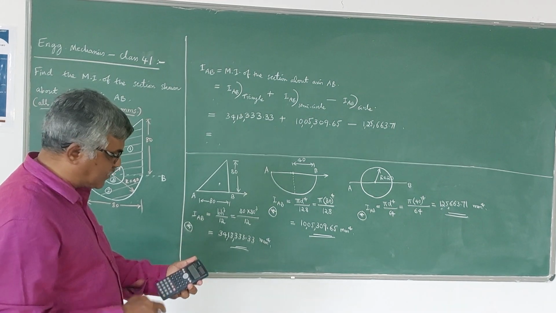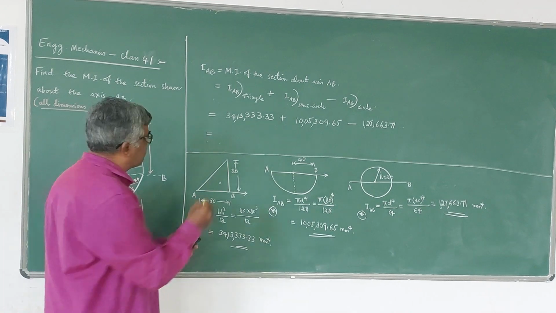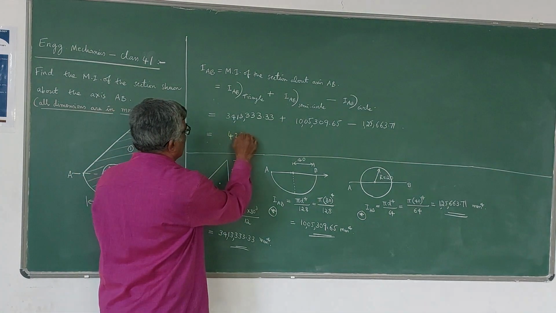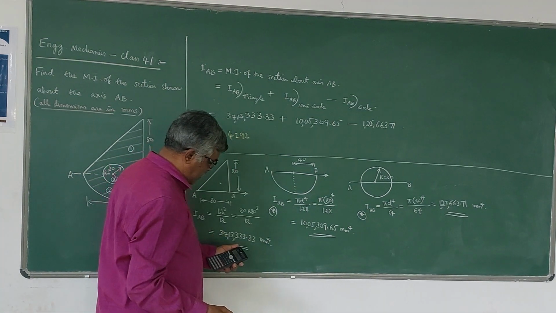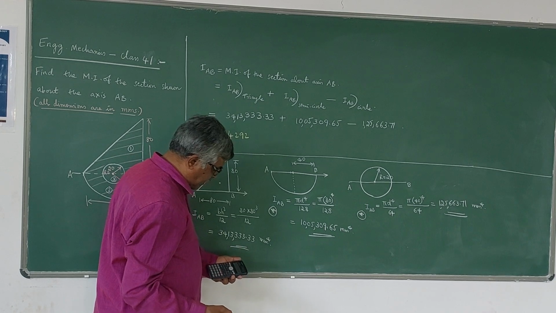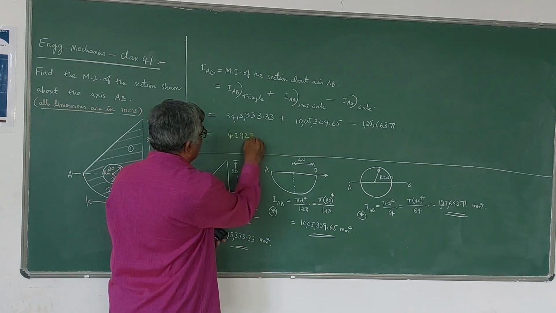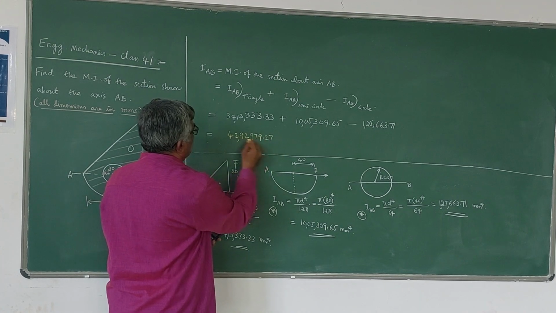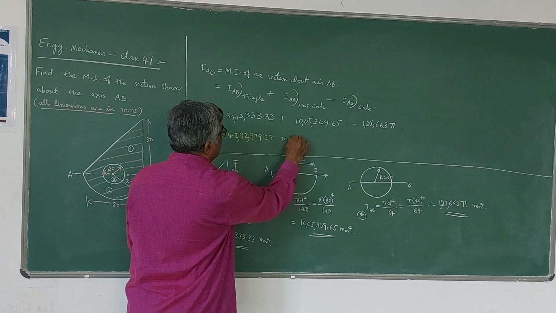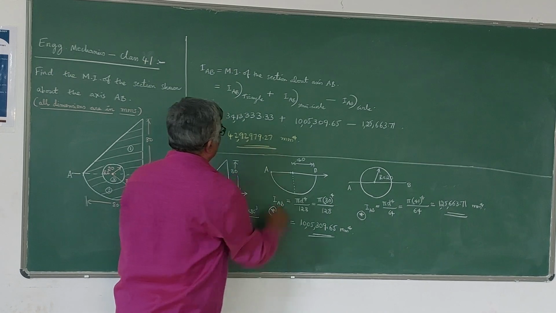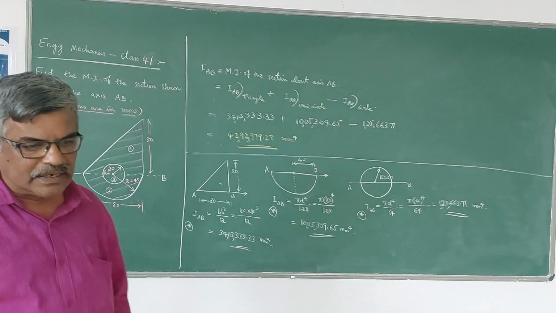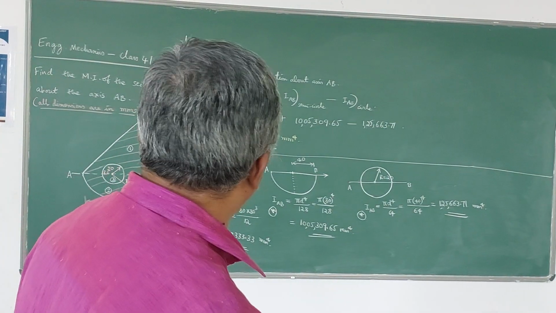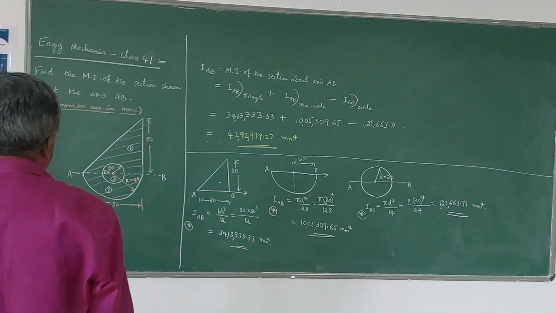So the value is 979.27 millimeter power 4. So this is the value of the moment of inertia of the shaded region about the axis AB.